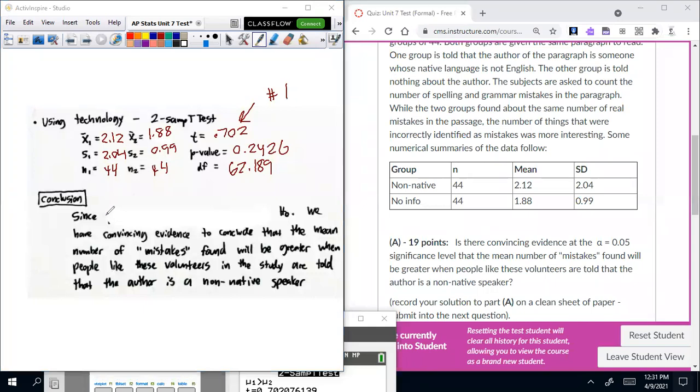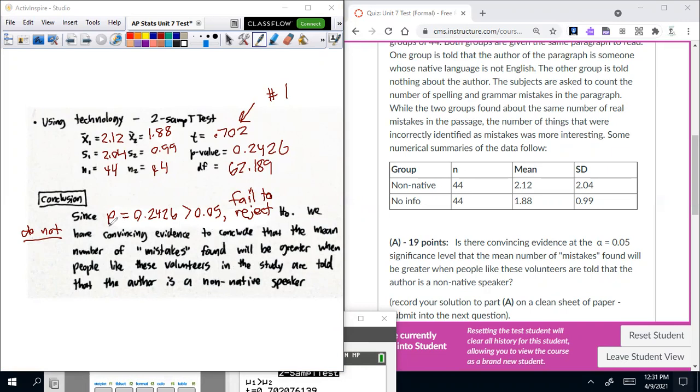I would say since p is 0.2426, which is greater than 0.05, we fail to reject the null. Now, some of you will have a small p-value and you would reject the null. So I do not have convincing evidence to conclude that the mean number of mistakes found will be greater when people like these volunteers in the study are told that the author is a non-native speaker.